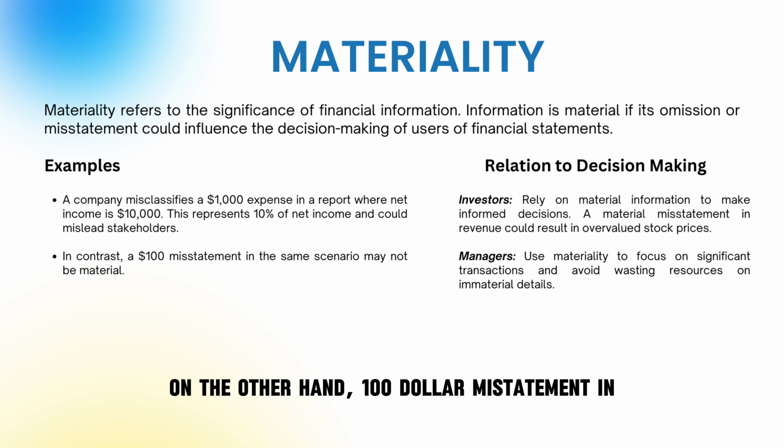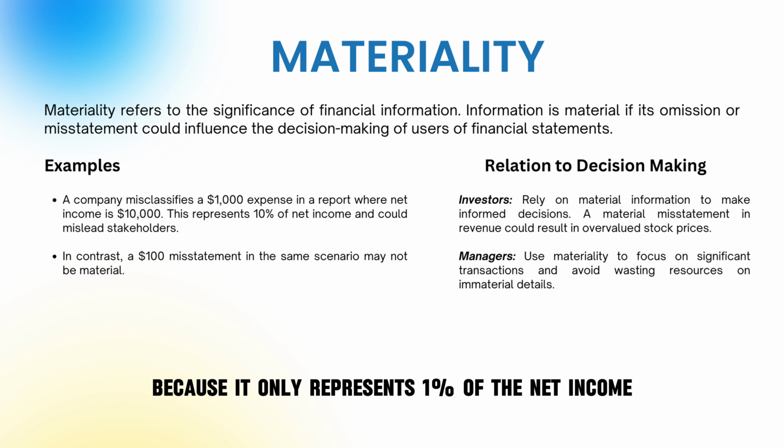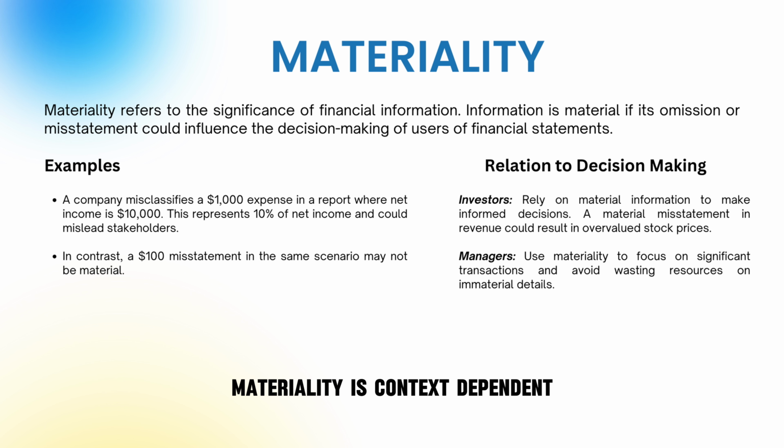On the other hand, a $100 misstatement in the same report might not be material because it only represents 1% of the net income. Materiality is context dependent. It varies depending on the size of the company, the nature of the error, and its impact on decision making.